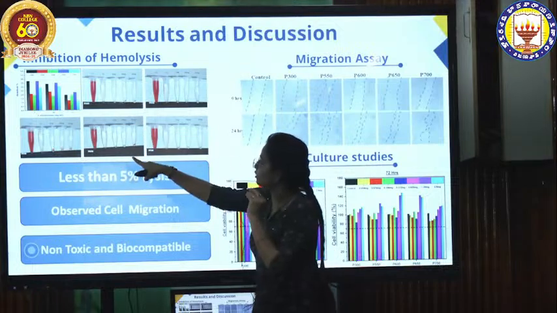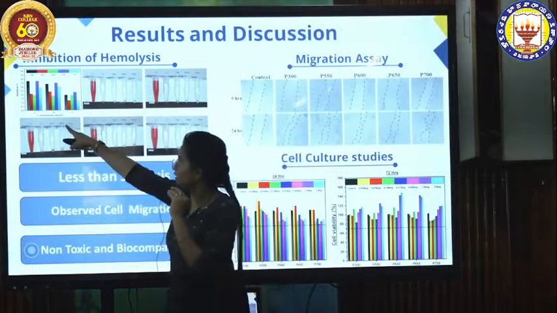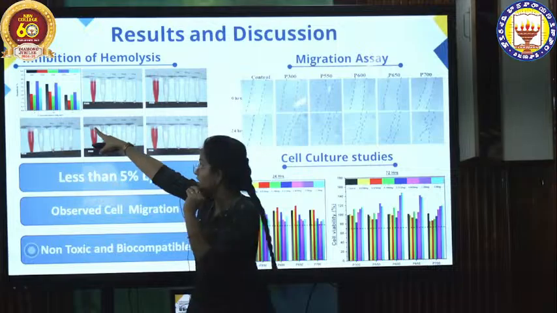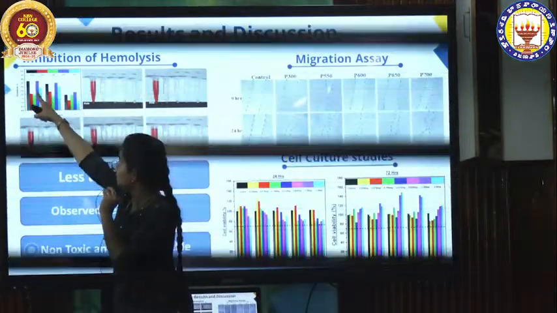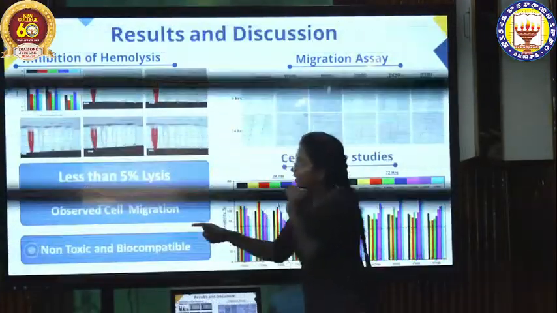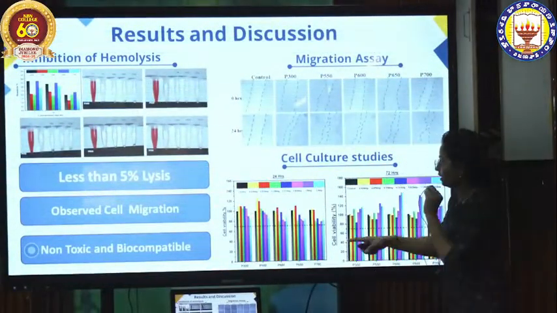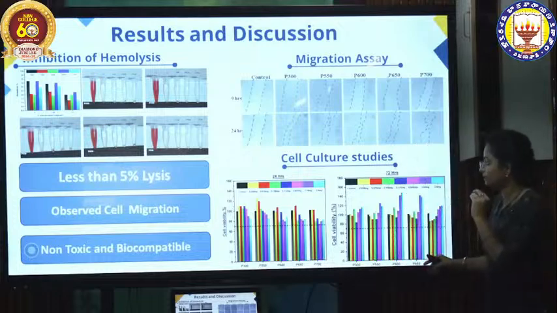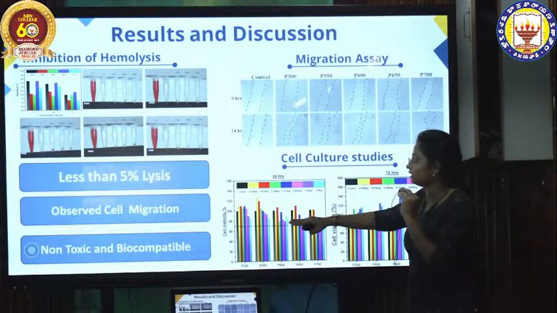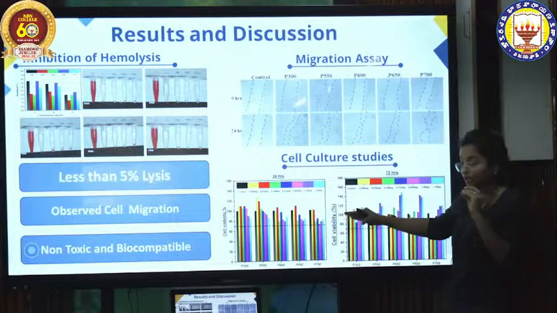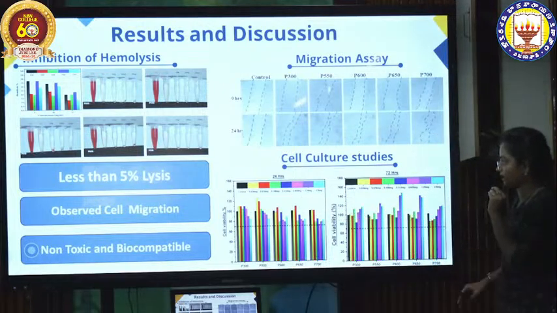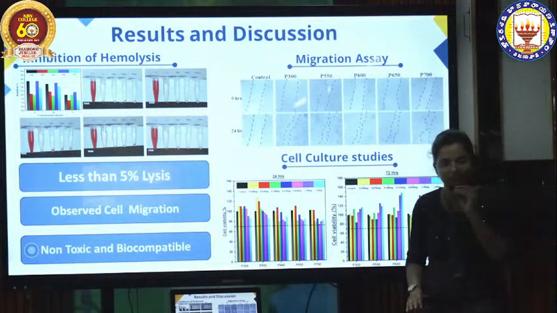We took the UV of this, and through UV we plotted the graph, which states that the lysis percentage is less than 5. So all our samples show very little hemolysis, less than 5%. We have identified that a cell viability above 70% states that the sample is non-toxic in nature.